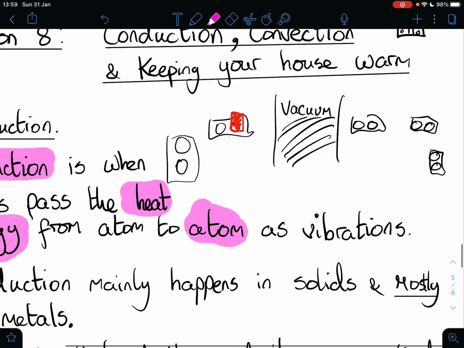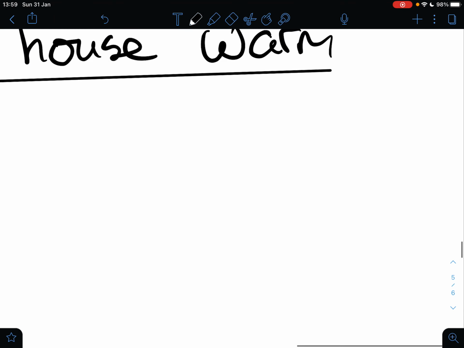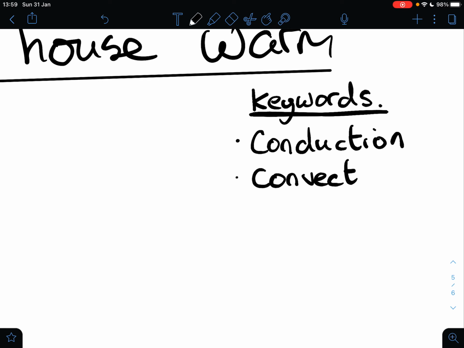So far, from a keyword point of view, let me clear this out for a minute. I'm going to put my keywords up at the top. Always worth keeping them. Tuck them away so that you get used to using them. So this is what we're going to use in our answers for things. Keywords. We've had conduction. We are going to be having convection. We've had vibrations.